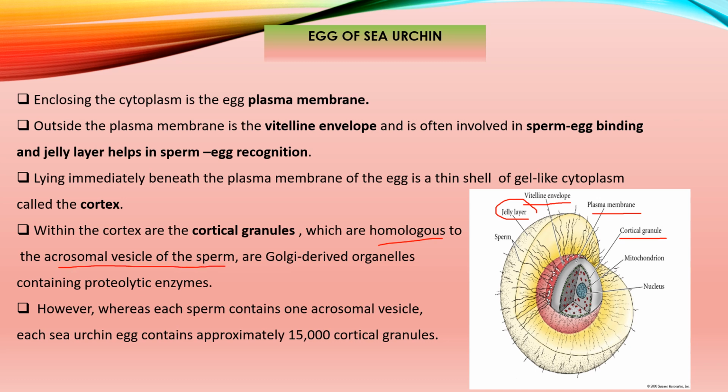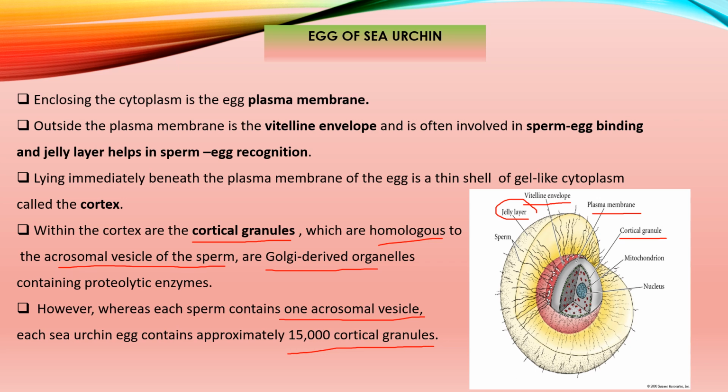The important point is that the acrosomal vesicle of the sperm and the cortical granules of the egg both are derived from the Golgi bodies. The sperm contains only one acrosomal vesicle, whereas the sea urchin egg contains approximately 1500 cortical granules.